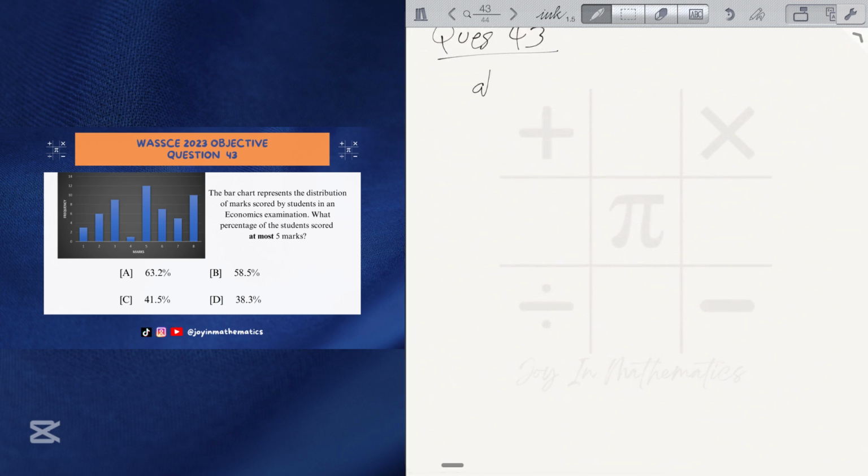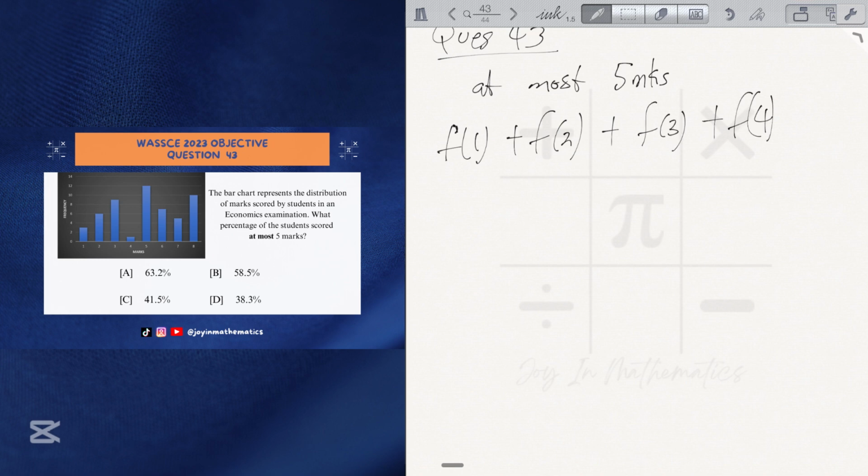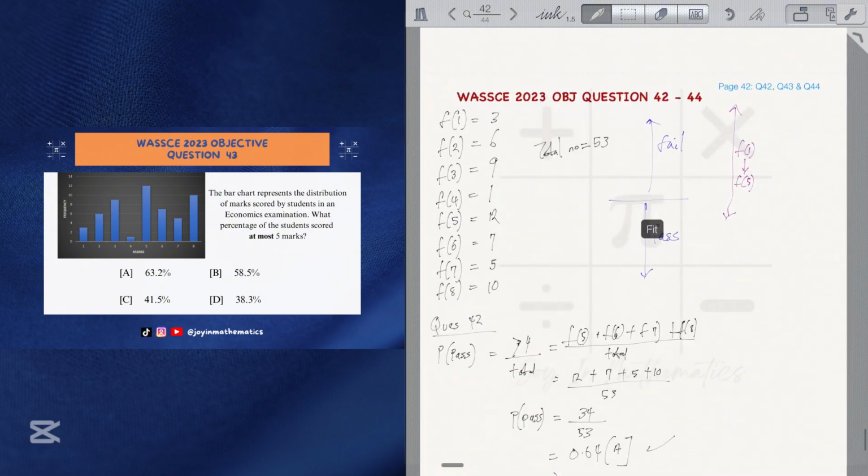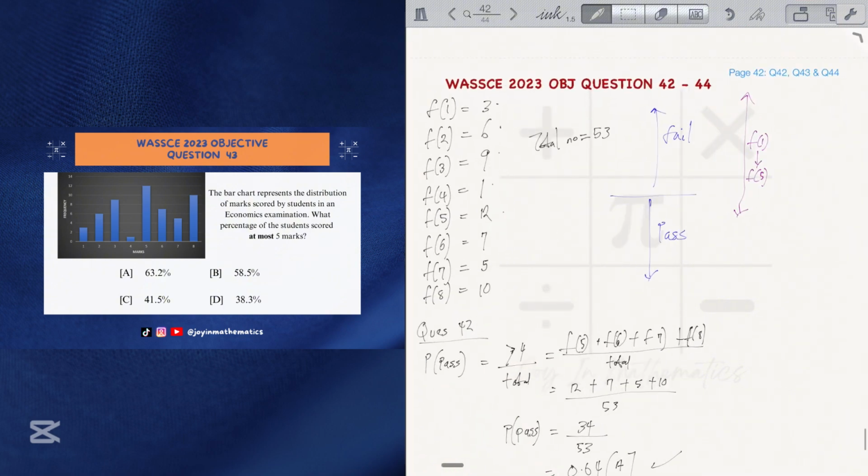At most 5 marks, so we need the frequency of 1 plus the frequency of 2 plus 3 plus 4 and 5 included. What are the frequencies of 1, 2, 3, 4 and 5? They are 3, 6, 9, 1, 12.